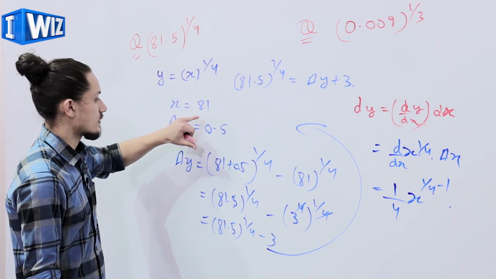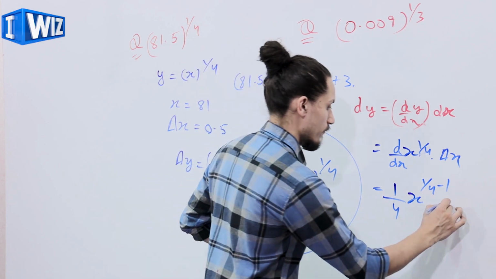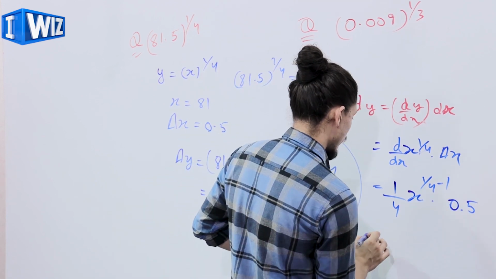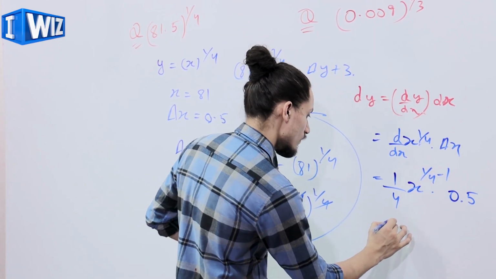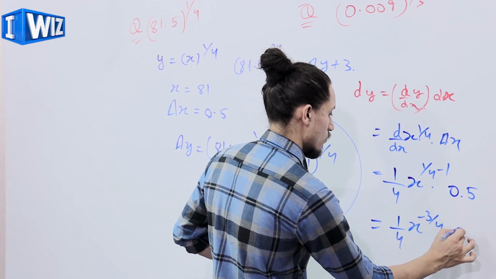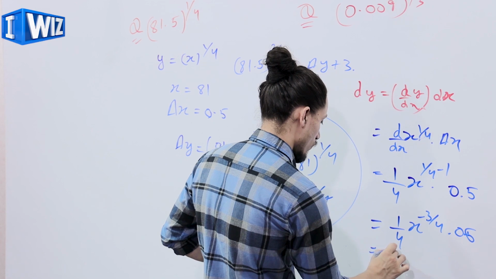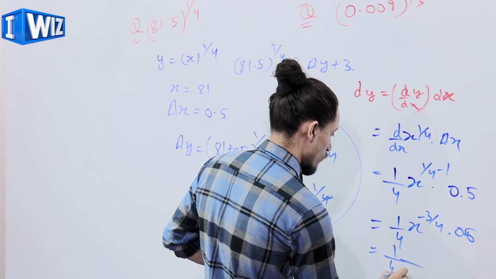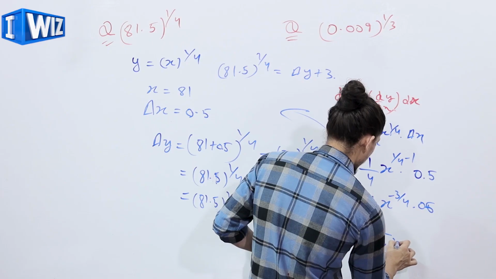Delta x value we have is 0.5, which is equal to 1 by 4 into x raised to power minus 3 by 4 into 0.5, which is equal to 1 by 4 into x raised to power 3 by 4.